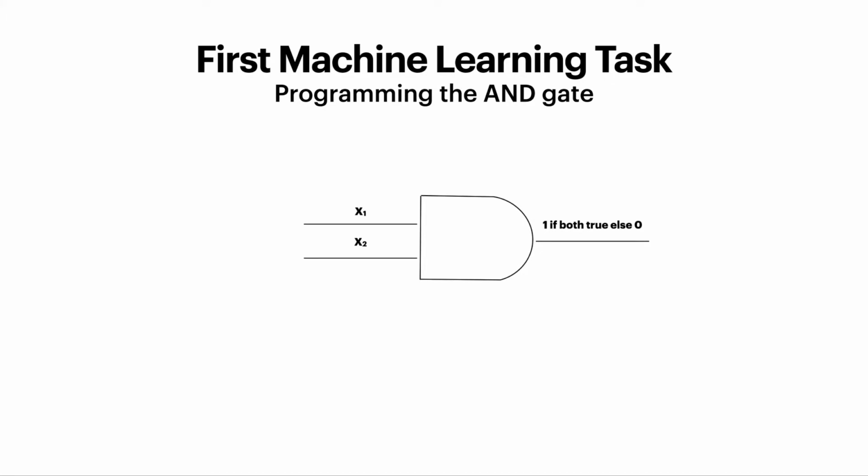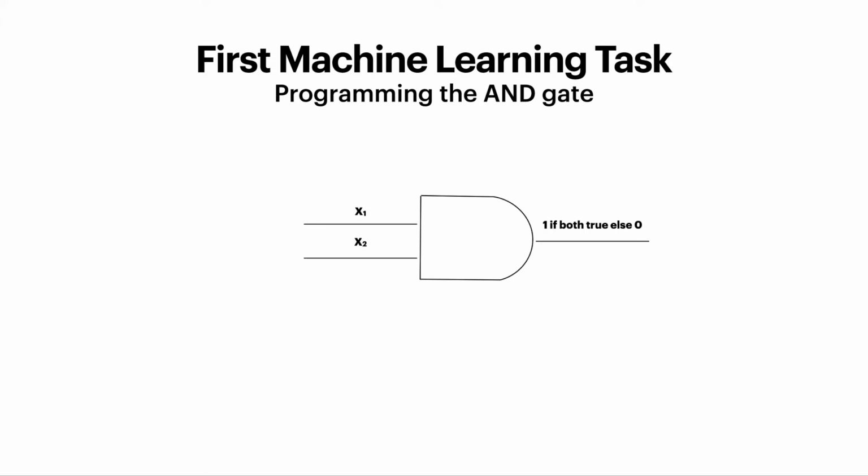Okay, so what is the best machine learning problem for someone to tackle to learn more about the field? I thought about it a little, and I think the best problem would be to learn how to use a neural network to predict the AND gate operation. If you're not familiar, the AND gate takes two inputs, x1 and x2. If x1 and x2 are both 1, then the output is 1. All values are either 1 or 0, like a bit.